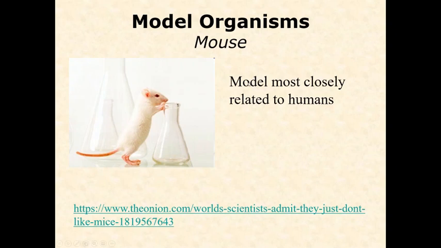Now, don't be mistaken. There are many other species of animals that are much more closely related to humans. But because of price, because of logistics, they're really not true model systems. We use them as study systems, as laboratory animals sometimes, but not true model systems. So there are primates that are used sometimes when a mouse won't do the trick. But to do a primate study is orders of magnitude more expensive. There are more logistical and ethical considerations that you have to take into account.